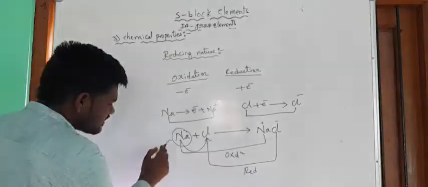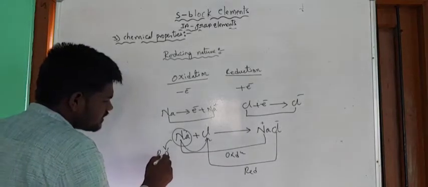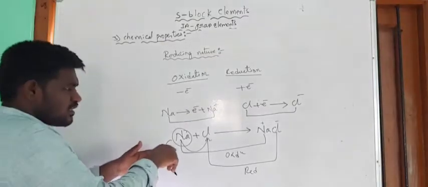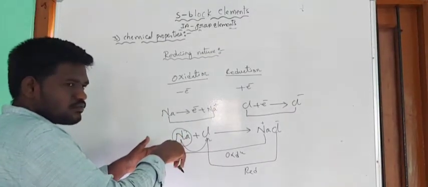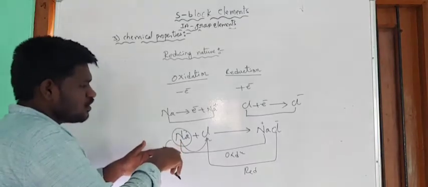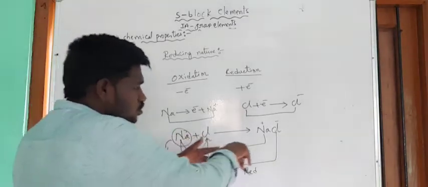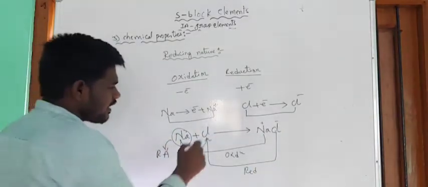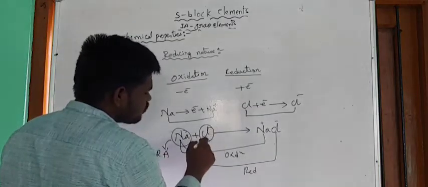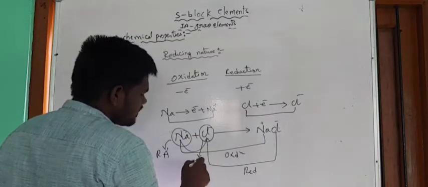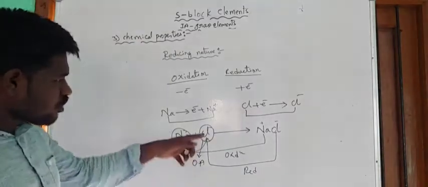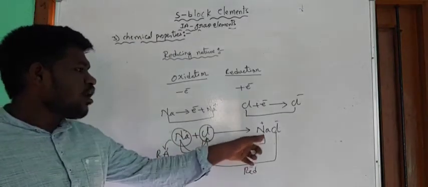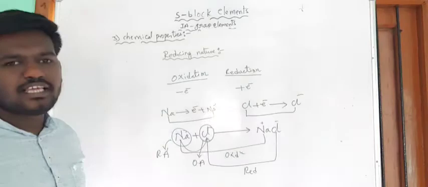So sodium is the reducing agent because it is responsible for reducing the chlorine to Cl minus. And Cl is known here as the oxidizing agent, because of the chlorine, sodium is oxidized to Na+.